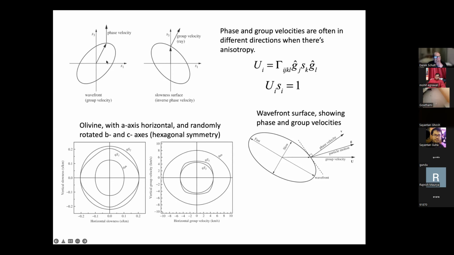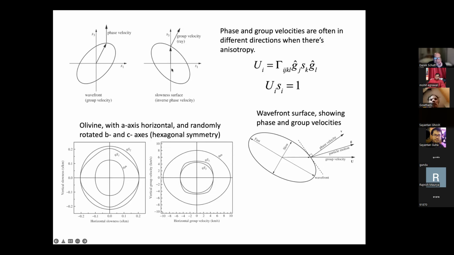So what this means is if I plot the wavefront created when I've had a source at the origin here, the wavefront will move out with the group velocity. And at a particular point, the group velocity will be moving in this sort of angle direction, yet the phase velocity is perpendicular to the group velocity surface, and that will be straight up x3.